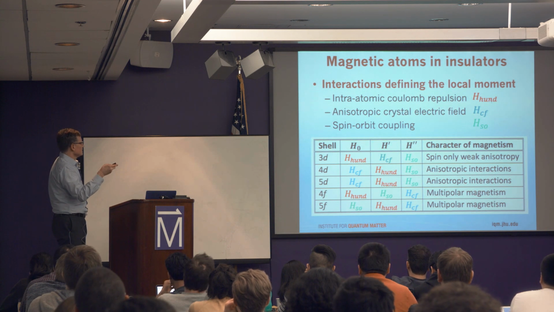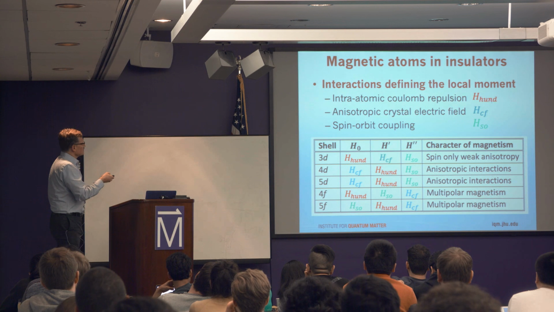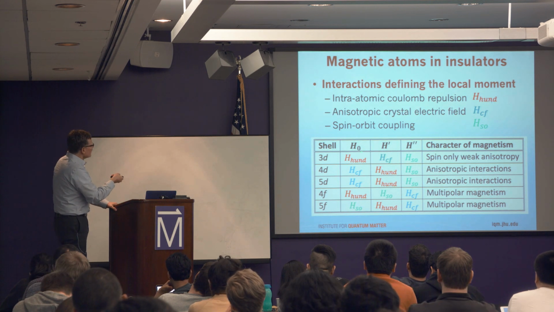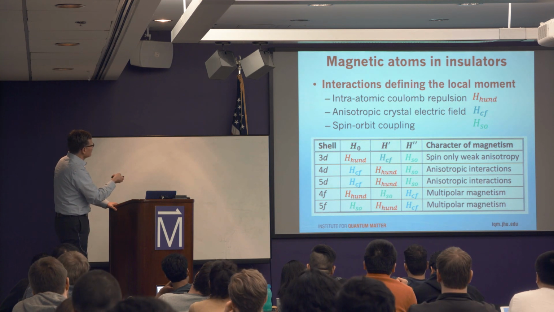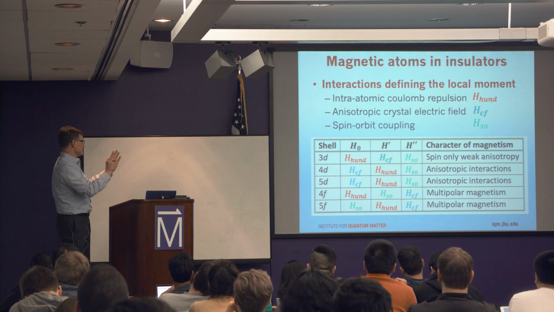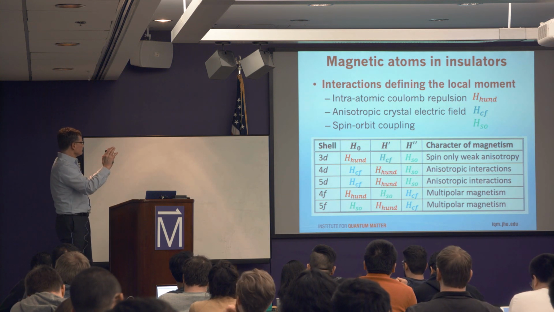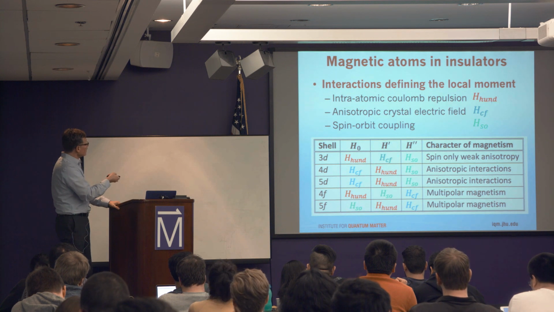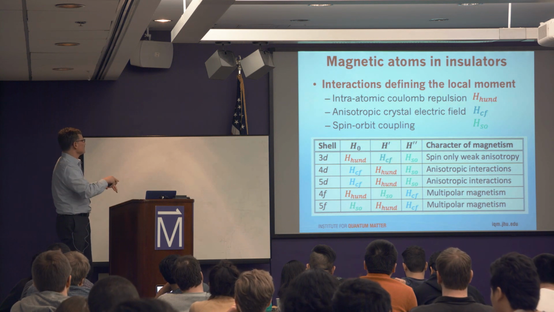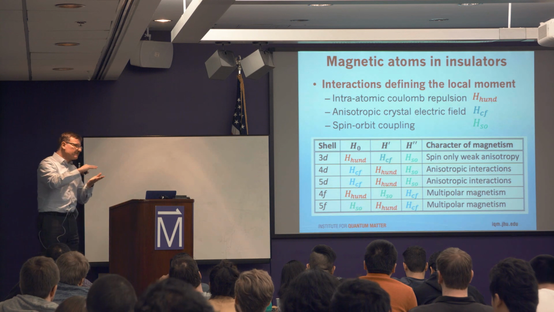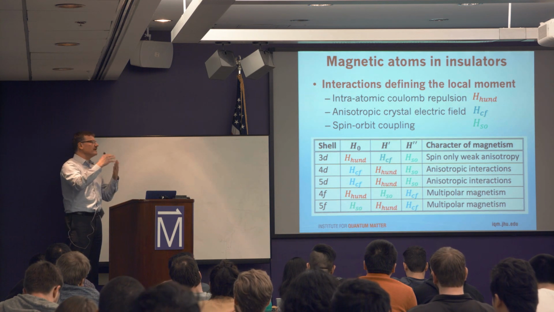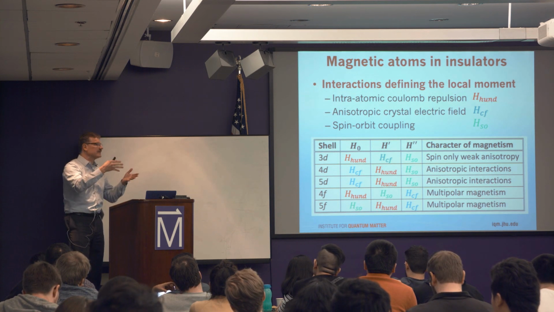If I think of just the extremes of the 3D transition metal ions, things like chromium, iron, manganese, cobalt, titanium, etc., then Hund's rule establishes the total orbital angular momentum and the spin angular momentum, and then crystal field splitting lifts the orbital degeneracy, so you end up with an orbital singlet.